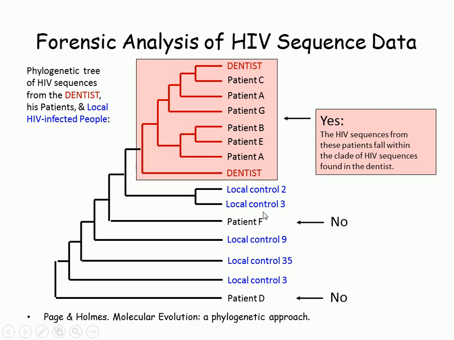And there were some other patients of the dentist, F and D, who probably got their HIV from some other source than the dentist. We can't really claim that one received it from the other. We just say their HIV viruses came from a closer source.